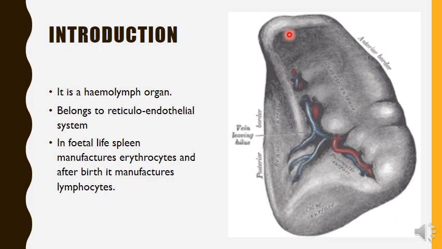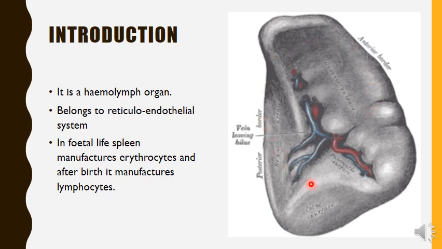So why are we calling it a hemolymph organ? Because the spleen filters the blood, and it takes out any worn out erythrocytes or any antigens present within the circulation.